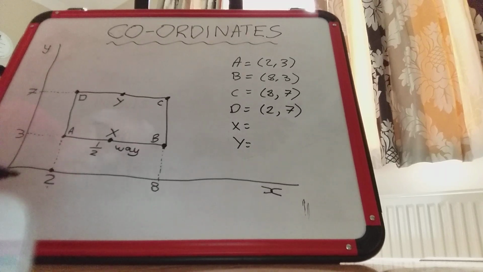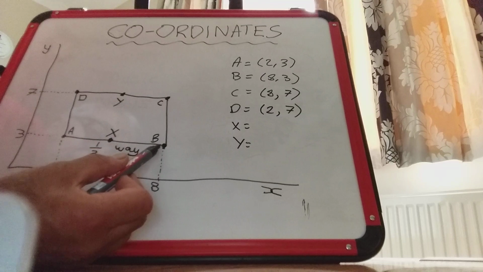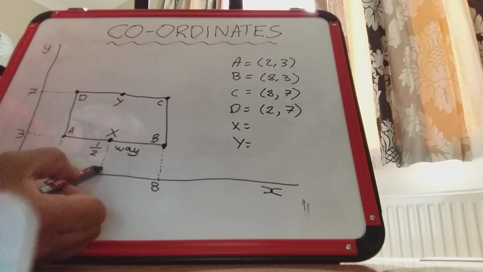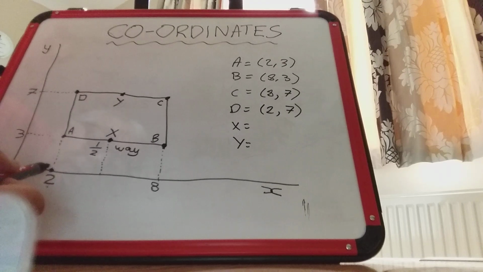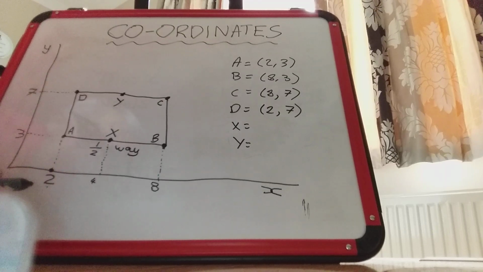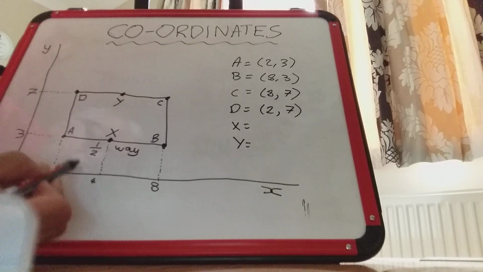Now, if A is at 2 and B is at 8, then halfway has got to be, well, you think about it, 2, 3, 4, 5, 6, 7, 8. So, well, let's guess. Let's say it's at 4. Well, if it was at 4, then between A and X, between 2 and 4, that's just 2 spaces.